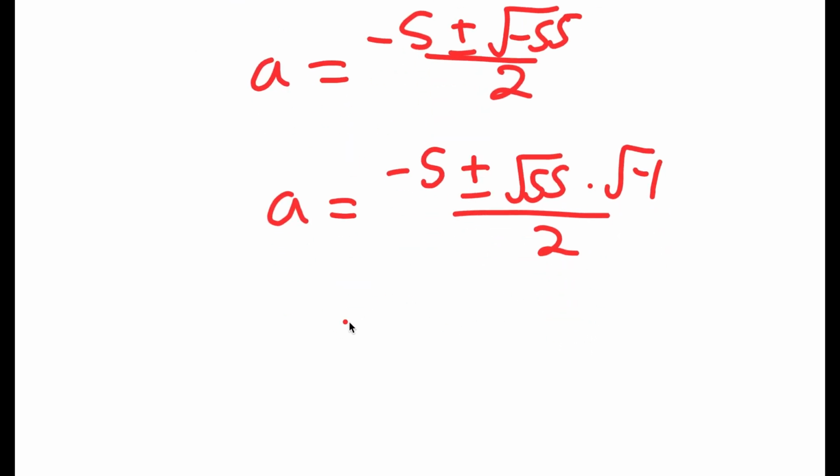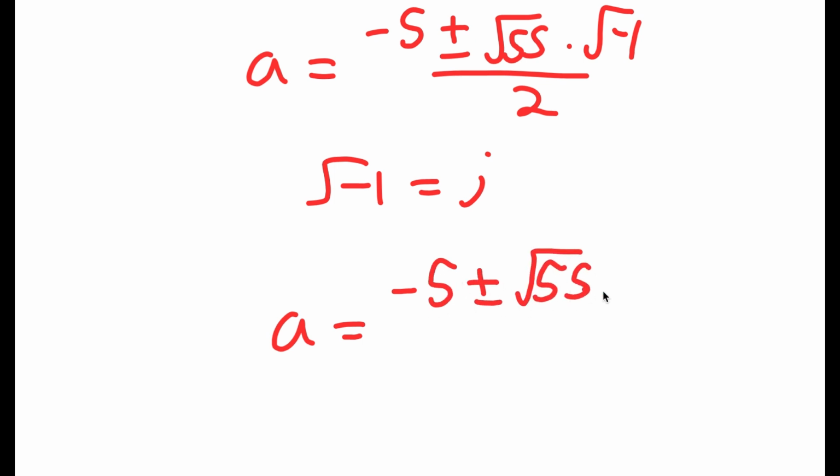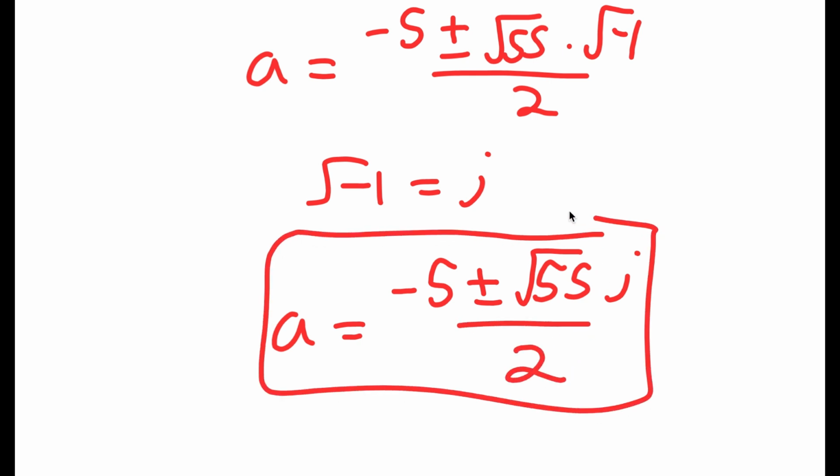And if you didn't already know, the square root of negative 1 is equal to the imaginary number i. So if I replace i with the square root of negative 1, I get a is equal to negative 5 plus or minus the square root of 55 i over 2. So that's how I got square root of 55i.